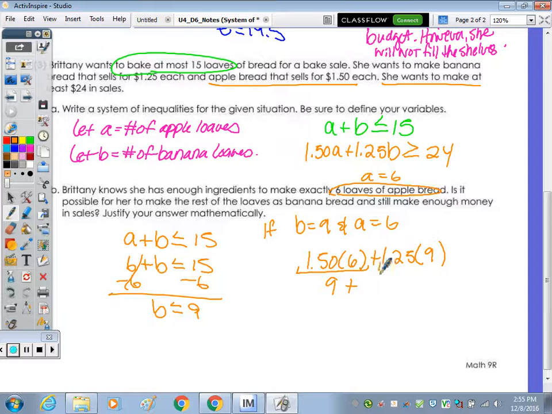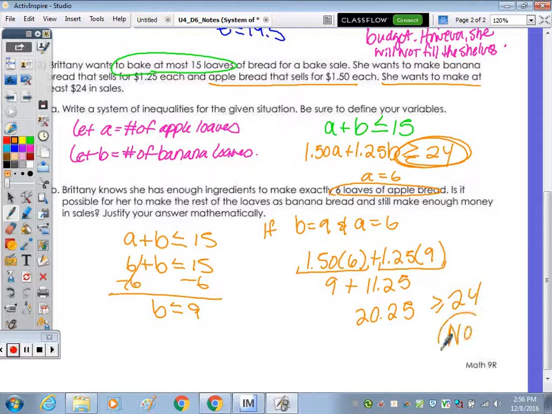And then 1.25 times 9 is 11.25, for a total of how much money? Is that greater than or equal to 24? No. So it said, is it possible for her to make enough? The answer is no, and we just justified it mathematically. So we just need to say no.